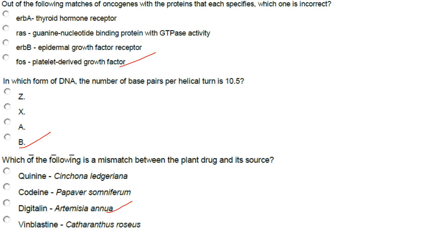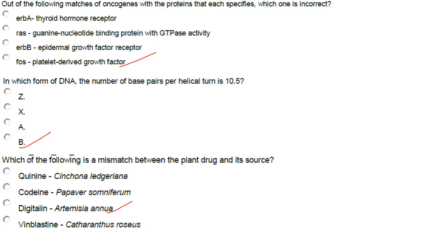So the one that is incorrect is FOS, because FOS protein encoded by C-FOS gene is a part of the AP1 transcription factor. So they have given here platelet derived growth factor, that is incorrect.